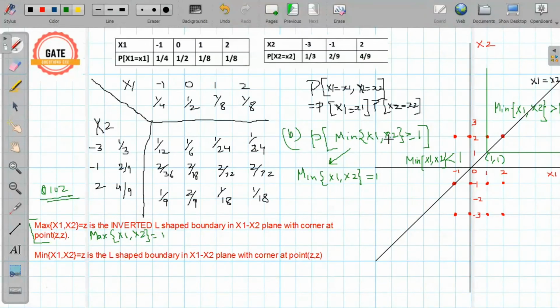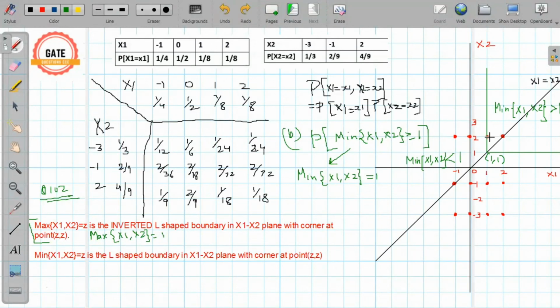So this inequality includes two regions. One is the boundary on which this is equal to 1, and the other is the region for which it is greater than 1. So this boundary plus the region that is lying to the right of this boundary.